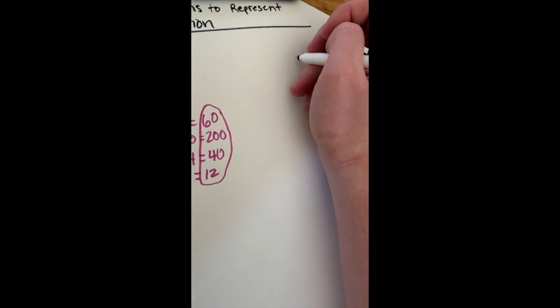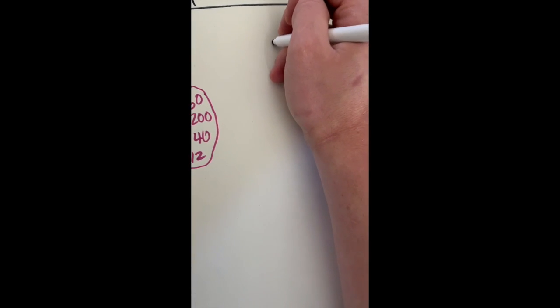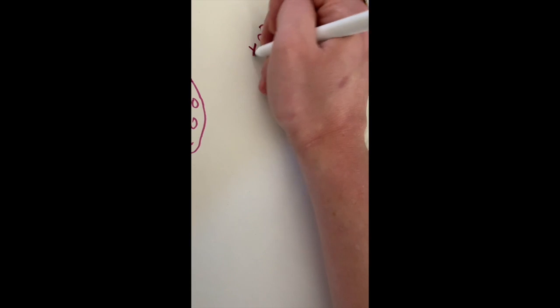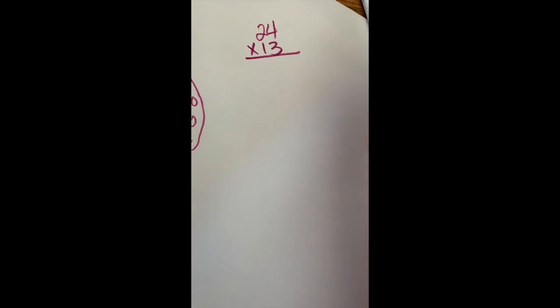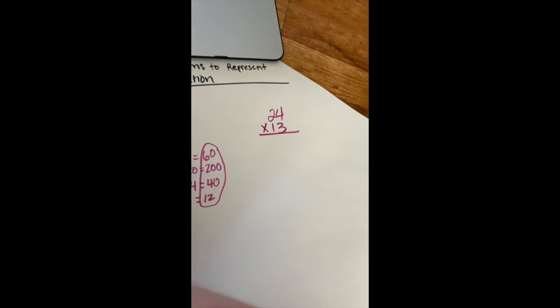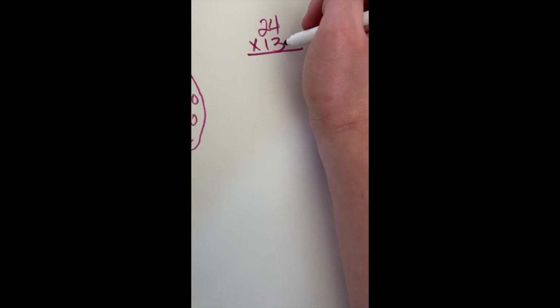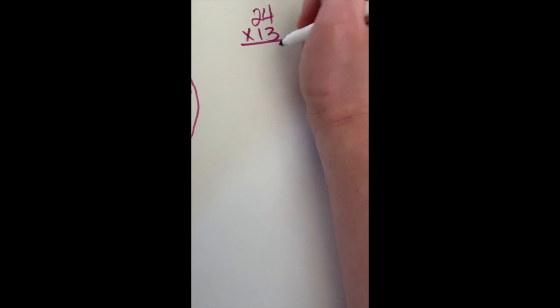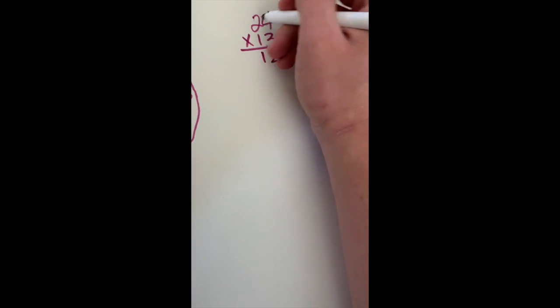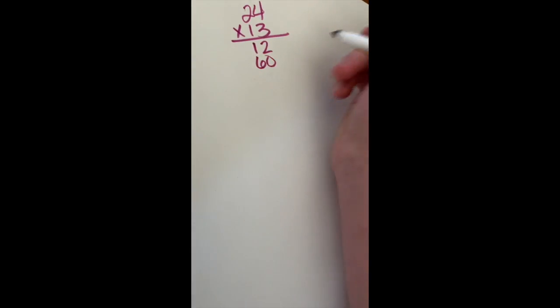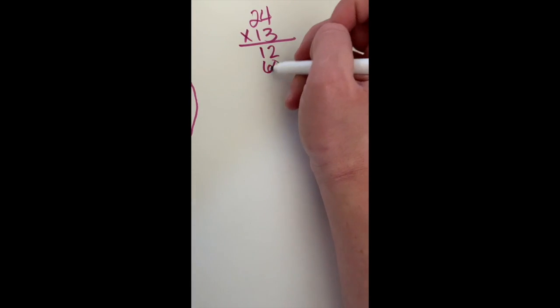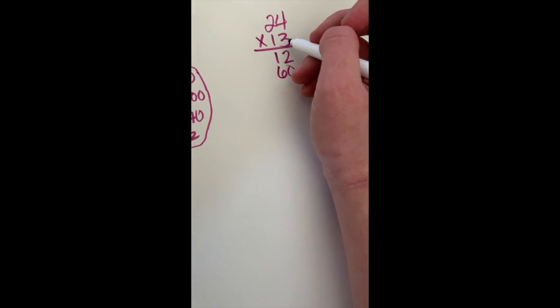We can also show this by doing our standard algorithm of 24 times 13. I'll be showing you this 2 different ways. We can show this by doing partial products. So 3 times 4 would be 12, while 3 times 20 would be 60. The reason 3 times 20 is 60 is because the 2 is in the tens place and the 3 is in the ones place.